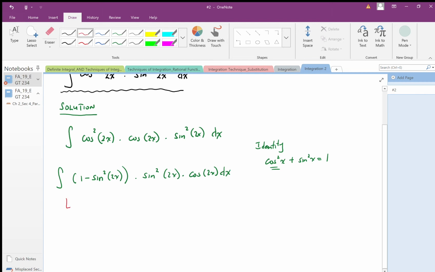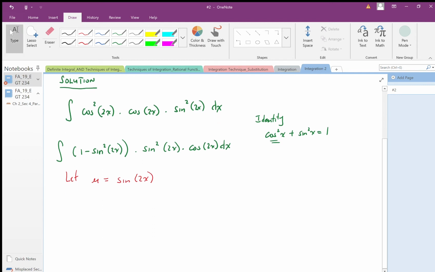Okay, so let u equal sine 2x, and our du will be cosine 2x times 2, because you have to use the chain rule. So du is 2 cosine 2x dx.